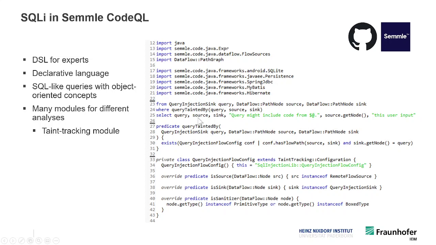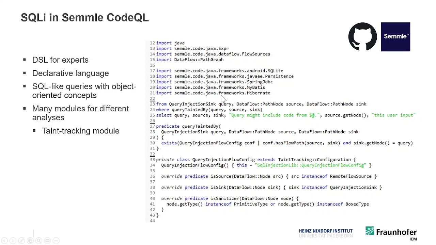In this language, you can import very different modules. They have implemented support for many different frameworks. They also support not only Java but other languages, and there is a specific taint tracking module.